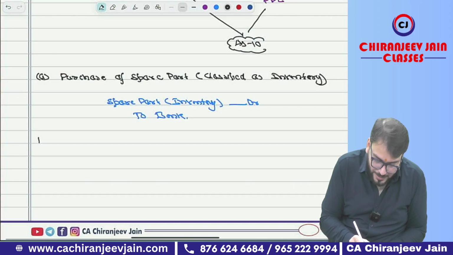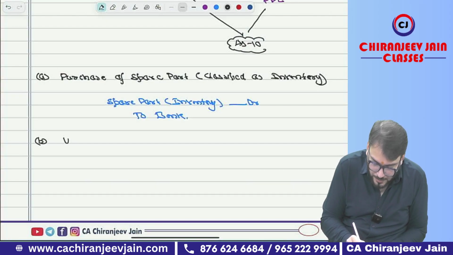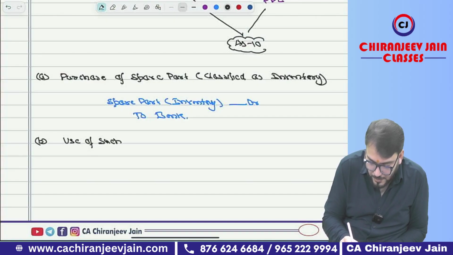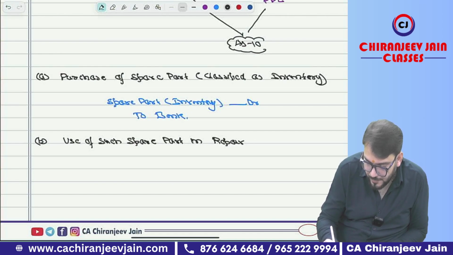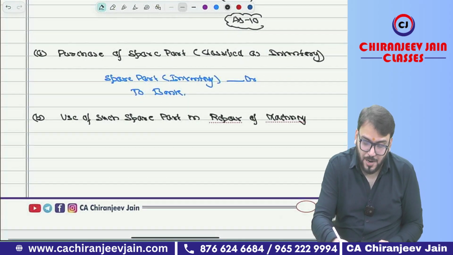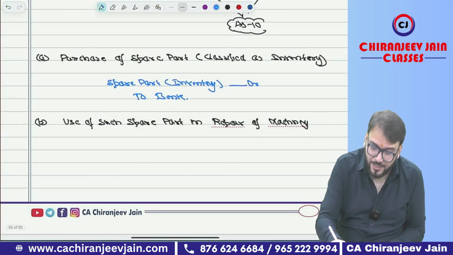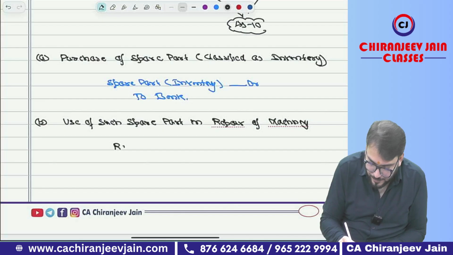Okay. Then use of such spare part in repair of machinery. So you have used that spare part in the repair of machinery. So what journal entry will do? Repair expense. This repair expense will be transferred to PL.